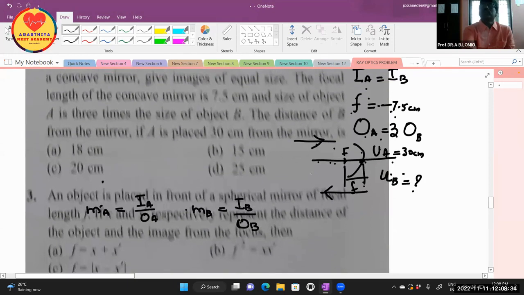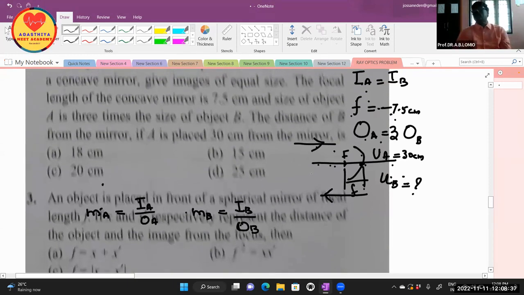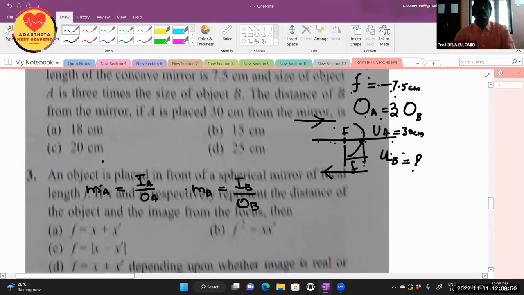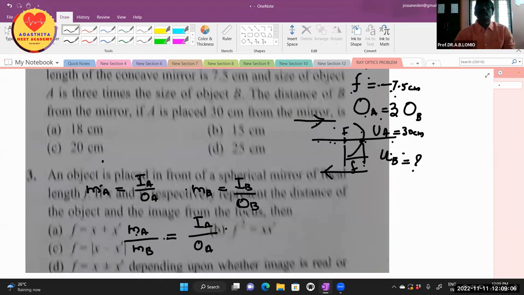When the ratios are given, or when the relation between two quantities is given, you should find out the ratio of the given values. Here, I am going to calculate the magnification ratio of the objects A and B. Substitute the values here: IA by OA, and reversing, OB divided by IB.